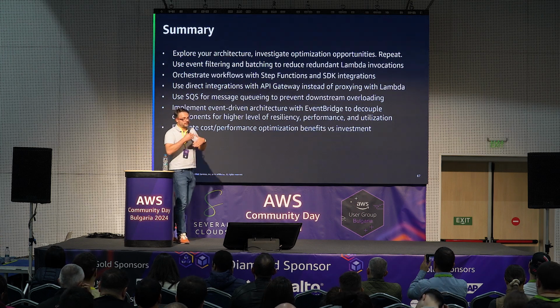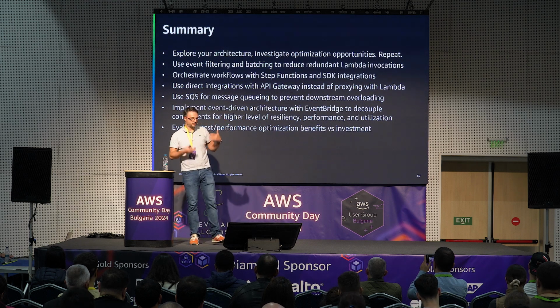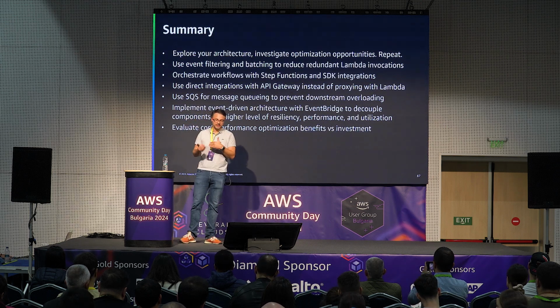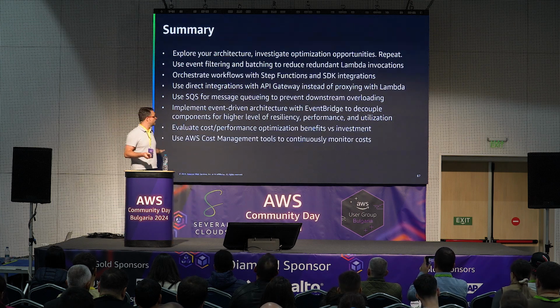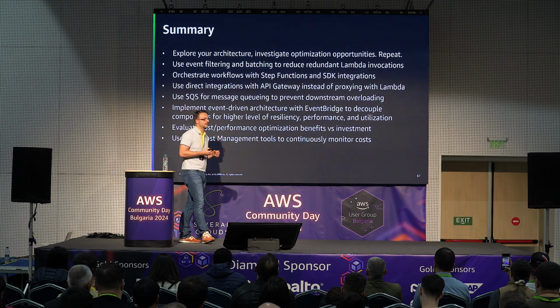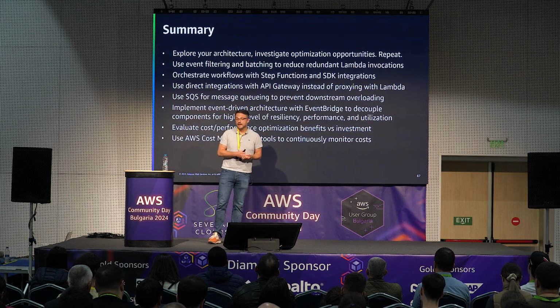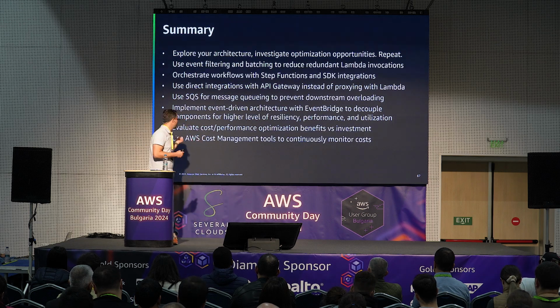Of course, it's an ever-going process. You should evaluate cost, performance, and optimization all the time. And of course, I didn't mention a lot about cost management tools due to time, and it could be another lecture or another presentation.